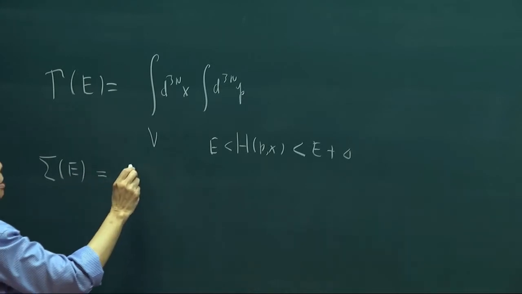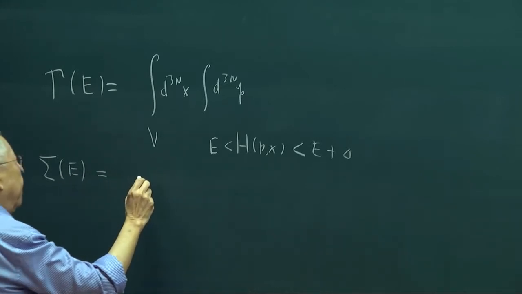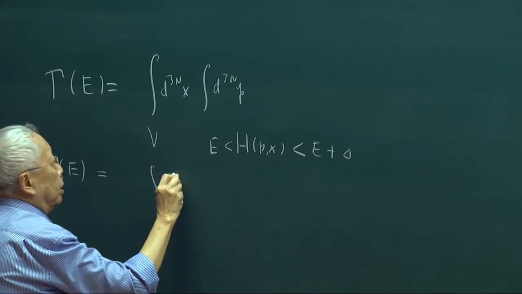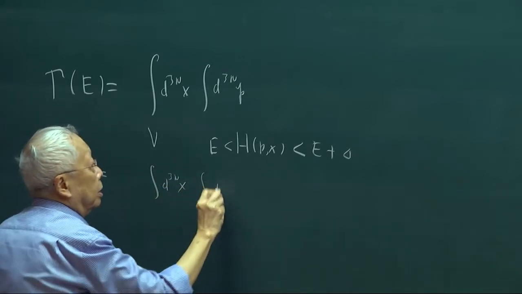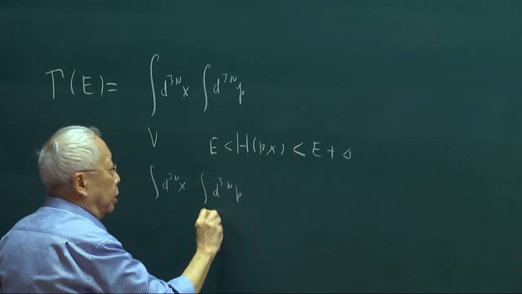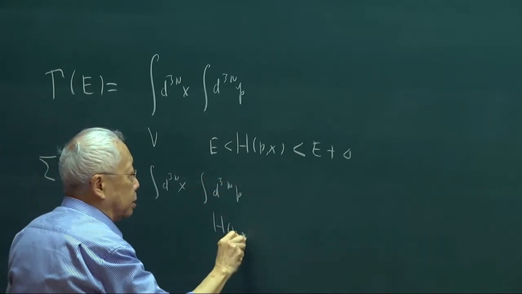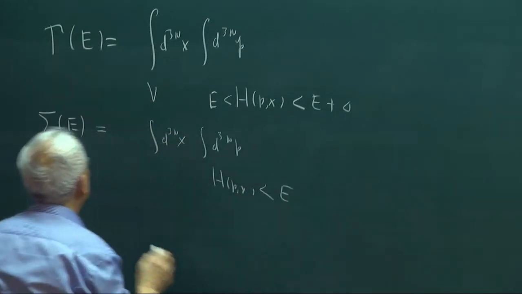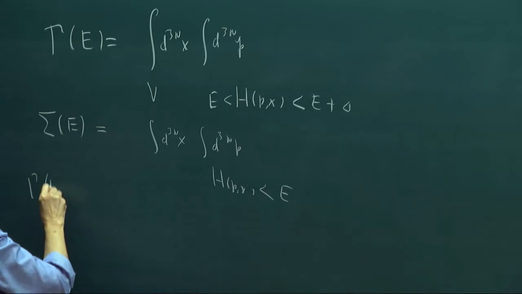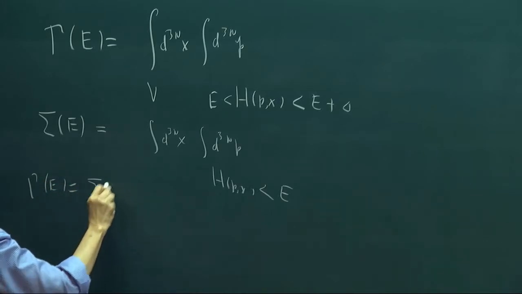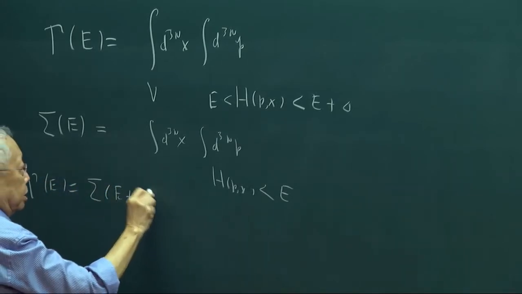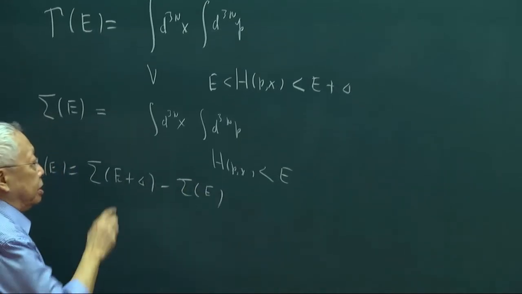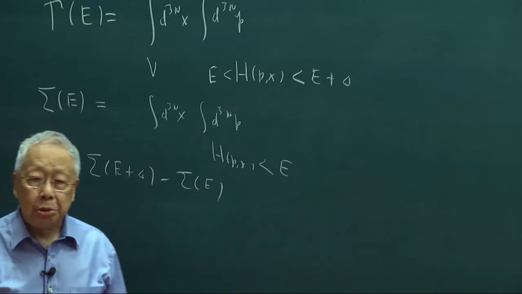Let this be defined as the integral d^{3N}x, integral d^{3N}p, for H(p,x) less than E. Then gamma of E is equal to sigma of E plus delta minus sigma of E. Delta is just a tolerance, usually very small.